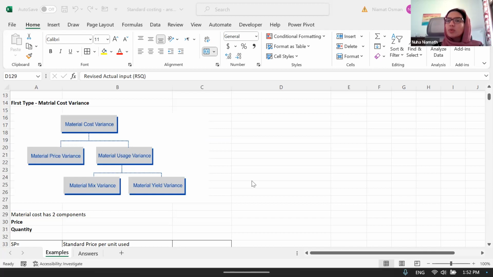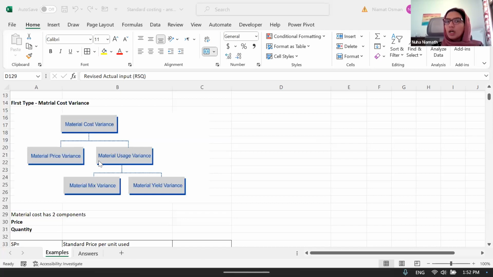Neetu has said SP into SQ, AP into AQ. Yes, this is for cost variance. I'm talking about price variance now. Yes, that's correct, Taslima. That's correct, Jasnath. SP minus AP into AQ. So AQ, always remember it's AQ because you pay for the actual quantity.